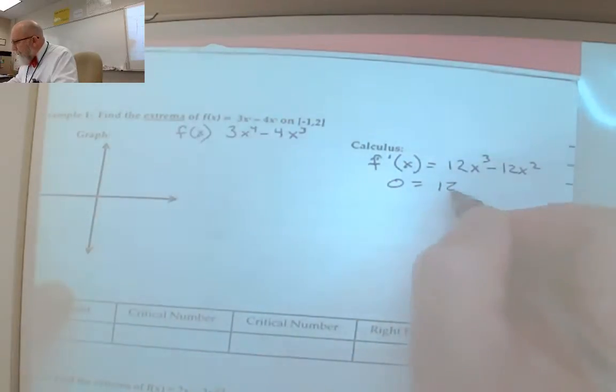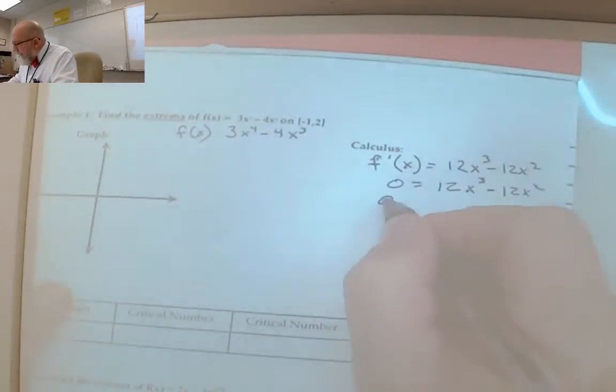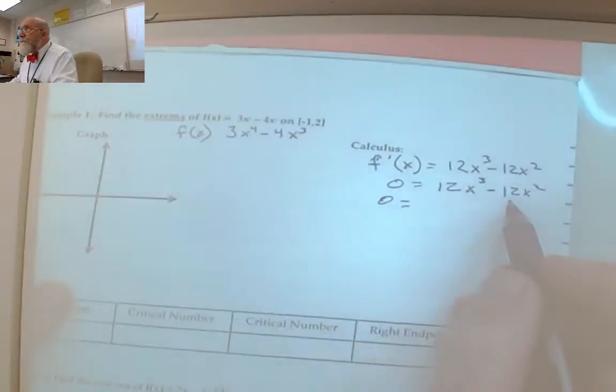Does that make sense why we're looking for slopes of 0? Because that's where the horizontal tangent lines are. So what am I going to do here? How do I solve for what x's give me zeros?